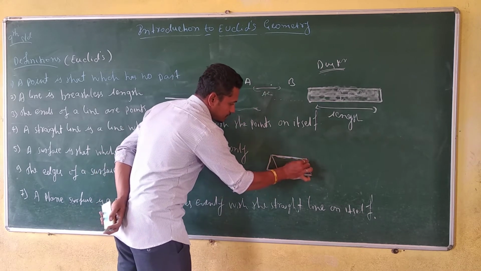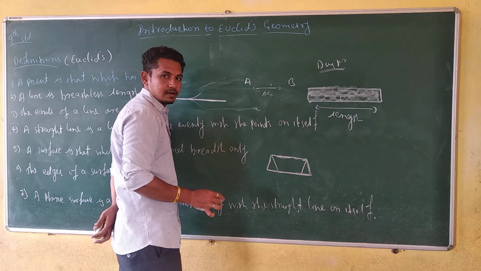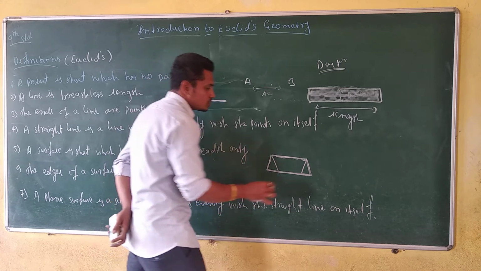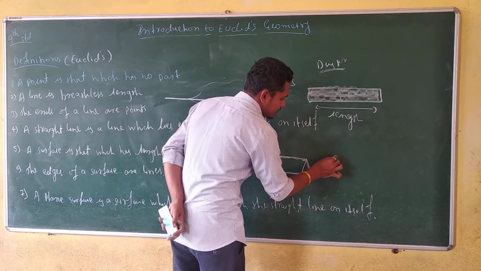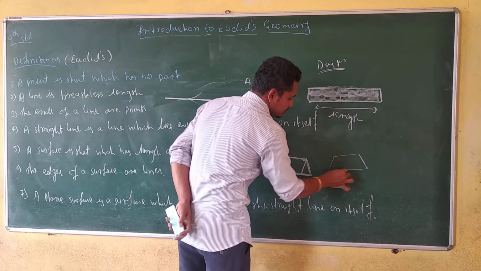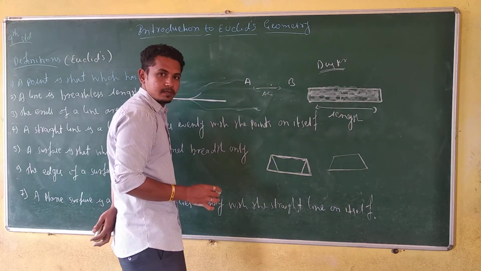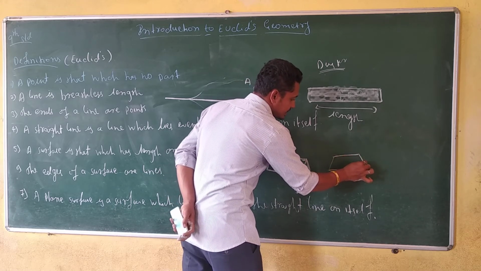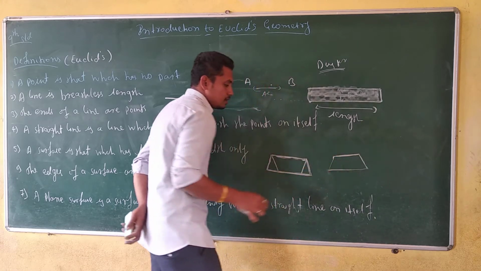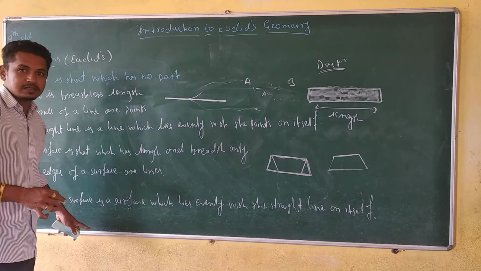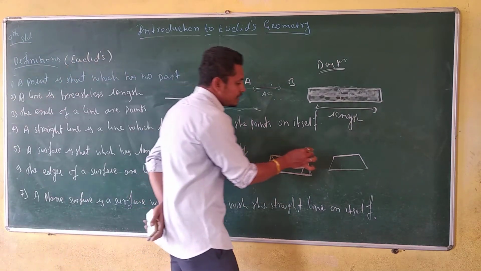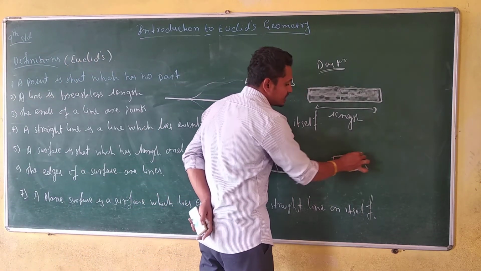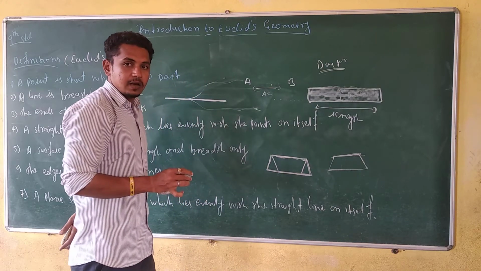Is it right? Or you can take this other example. These are the edges of that surface, and an edge is always a straight line.